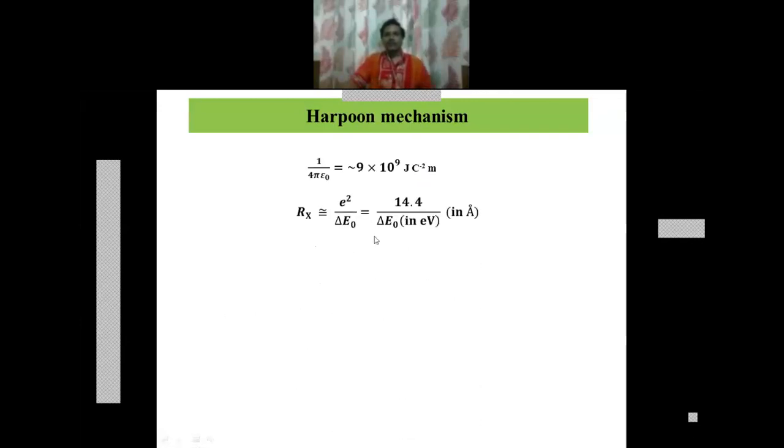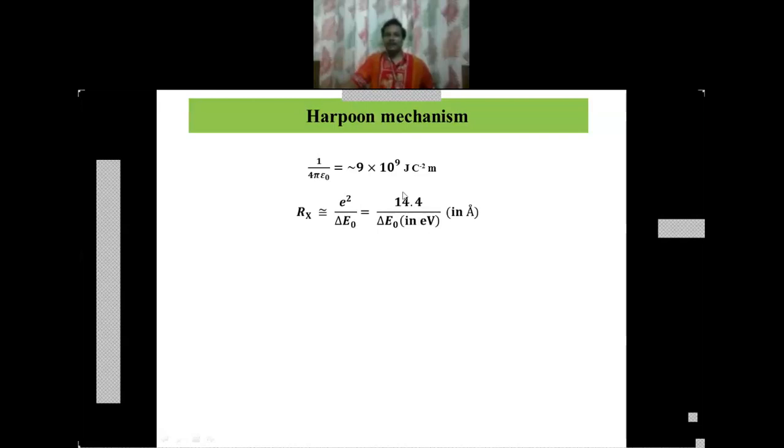Using that relation, you can find that Rx, the crossing distance at which the electron is going to transfer, is approximately e squared by delta E 0, right.